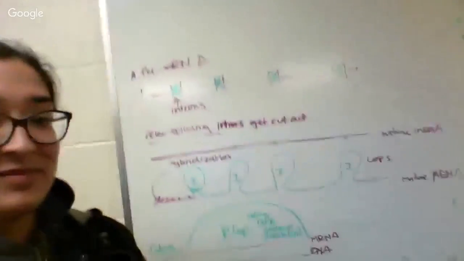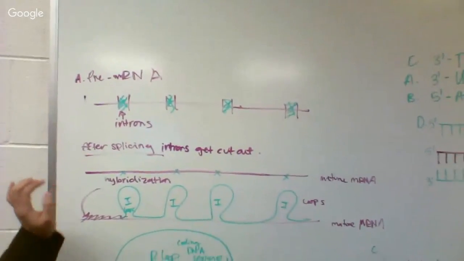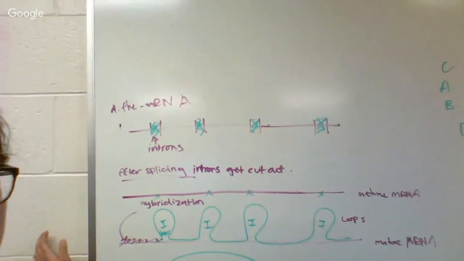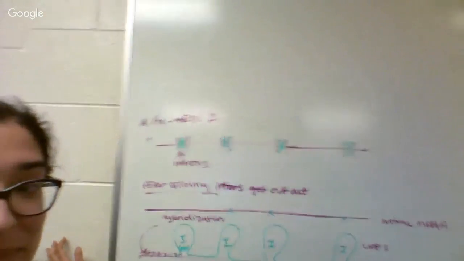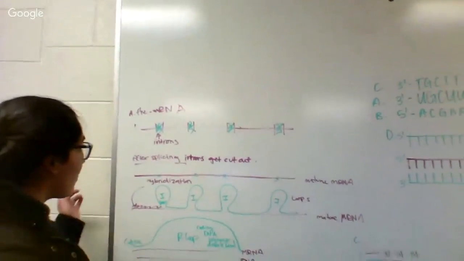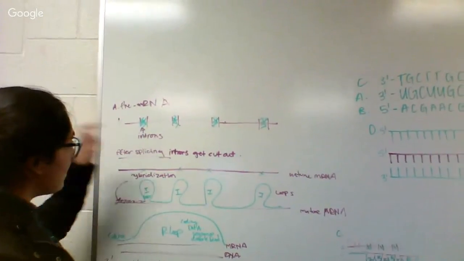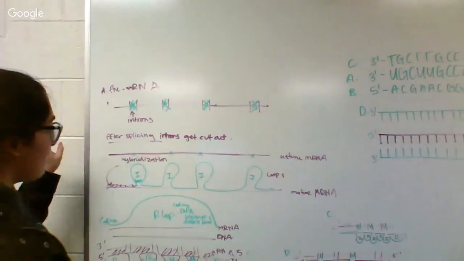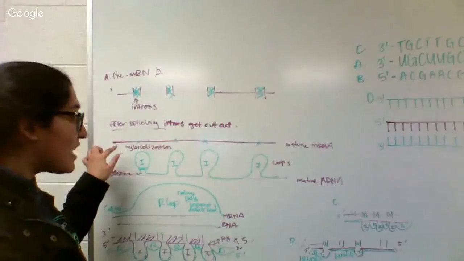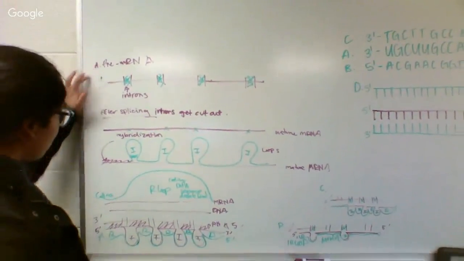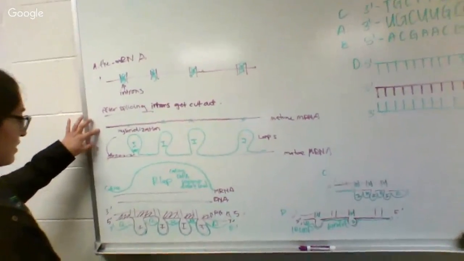For number 4, the question is, the pre-mRNA for YFG is hybridized to the genomic DNA copy of YFG. So we have this pre-mRNA strand and we have these introns. The introns, after splicing, get cut off and you get this hybridization going on. I show that in this image.